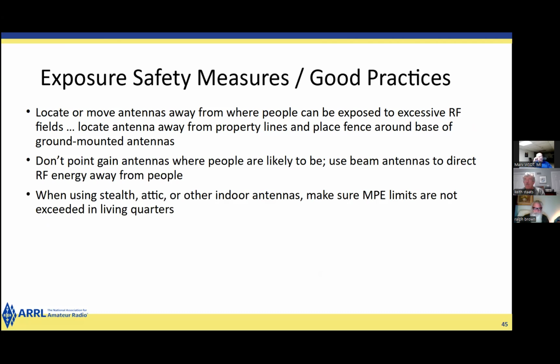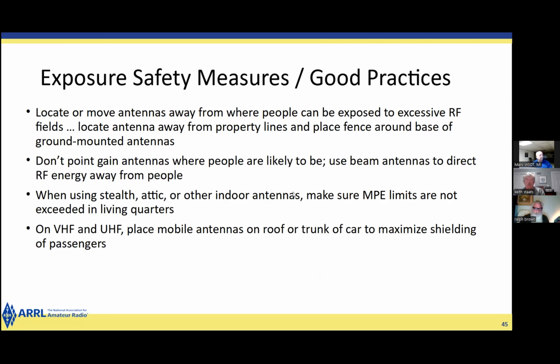If you're using a stealth or attic antenna, make sure the MPE limits are not exceeded in living quarters. On VHF and UHF, place the mobile antennas on the roof or trunk of the car to maximize shielding of the passengers.